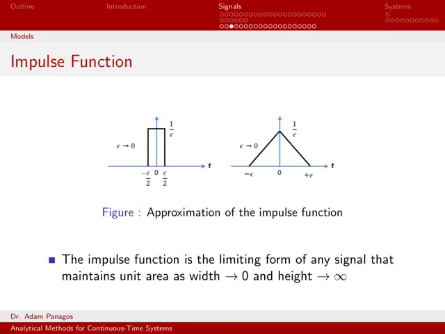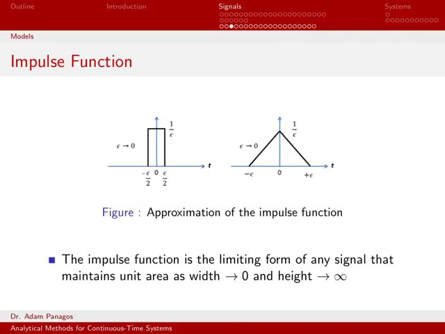So really, if you wanted to, you could think of the impulse as the limiting form of this rectangle function as epsilon goes to 0. And you can really do that for any signal that has the property of having unit area, and in the limit, its width gets small and its height gets large. This picture over here on the right just shows another example.